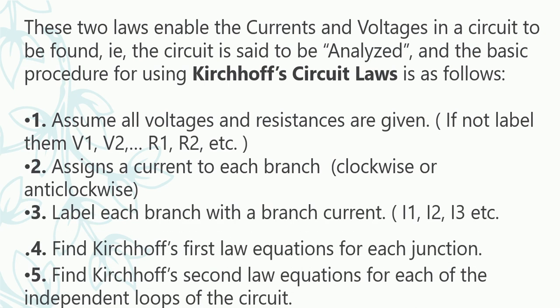Label each branch with a branch current I1, I2, I3, etc. Find Kirchhoff's first law equation for each junction. I have already told you that Kirchhoff's first law is applicable for any junction or node. And find Kirchhoff's second law equations for each of the independent loops of the circuit.